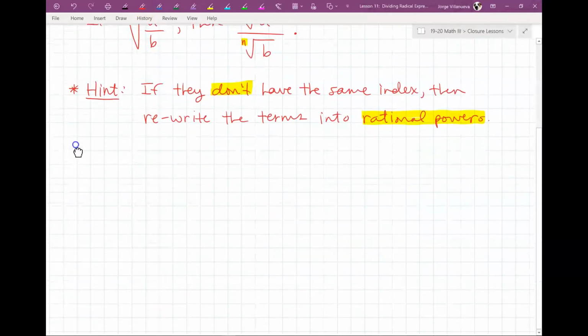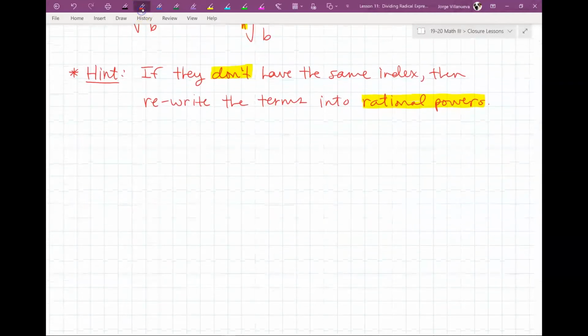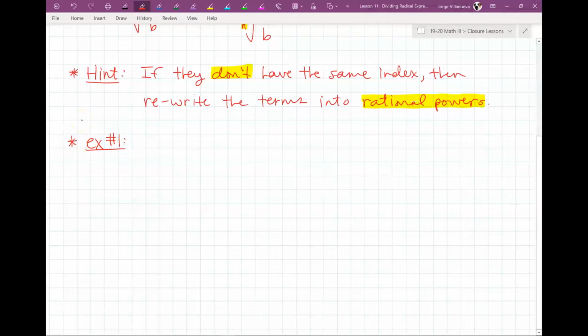Okay, so here we go. Example number 1. These first three examples are going to be the same type of problem, but they're just going to want us to simplify. Sometimes they'll tell us not to simplify, but to rationalize, or something like that.